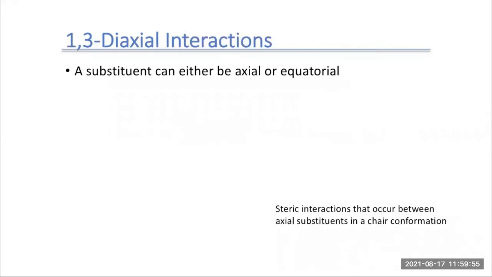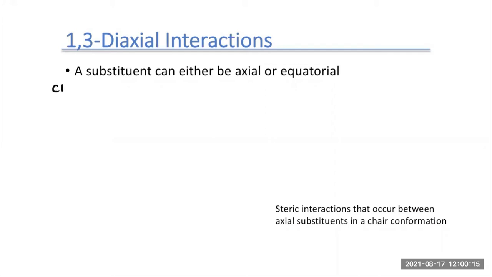With all that said and all the practicing with chairs, let's look at something that's only seen in six-membered rings, and it's called a 1,3 diaxial interaction. So as we know, our substituents can either be axial or equatorial.